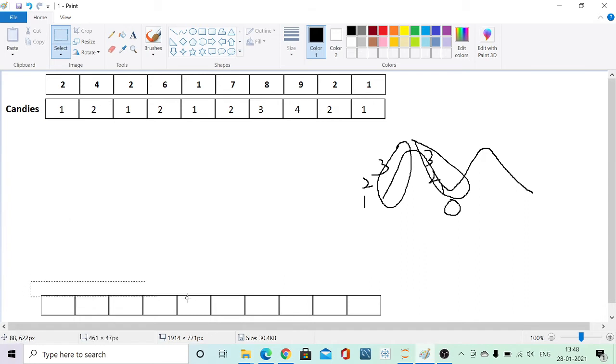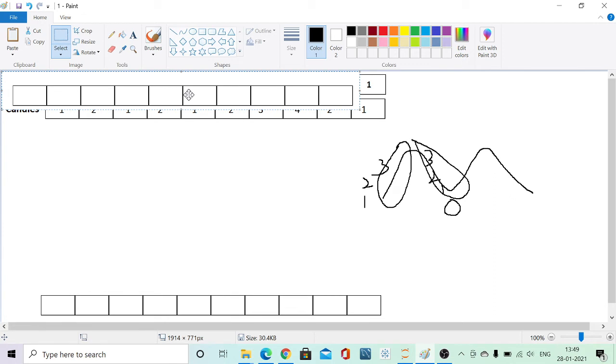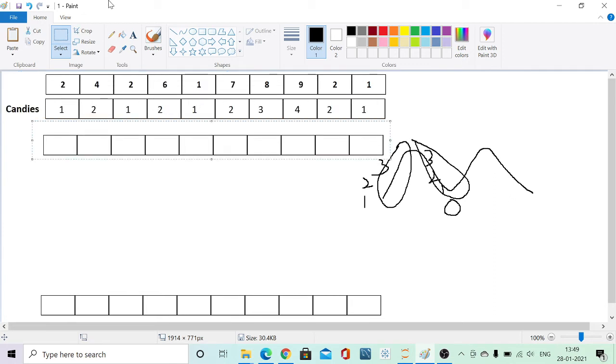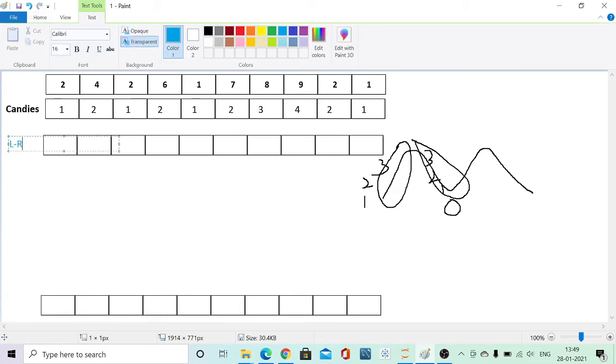So let's say we start from left to right. We can say that the first student will get at least 1, the second student will get a higher number of candies, 2.